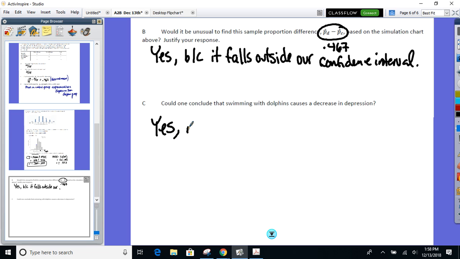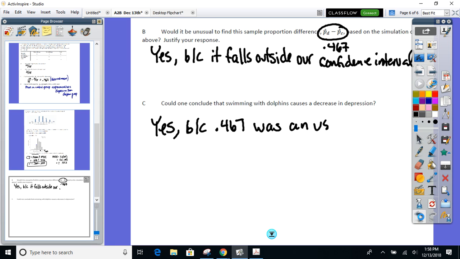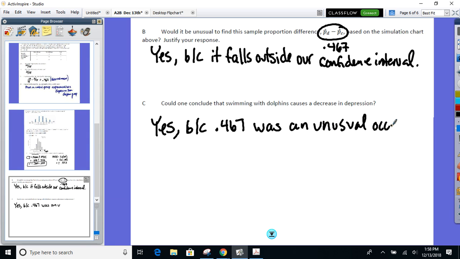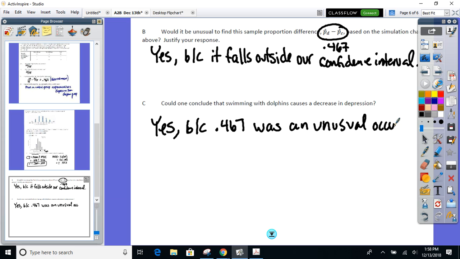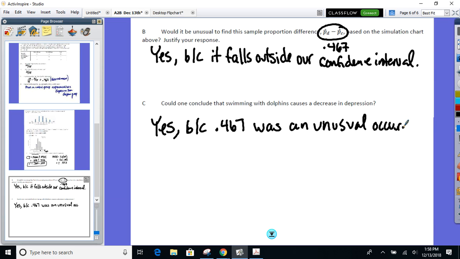So yes, because 0.467 was an unusual occurrence. Occurrence, anybody? O-C-C-U-R-R-E-N-C-E. Not by random chance.